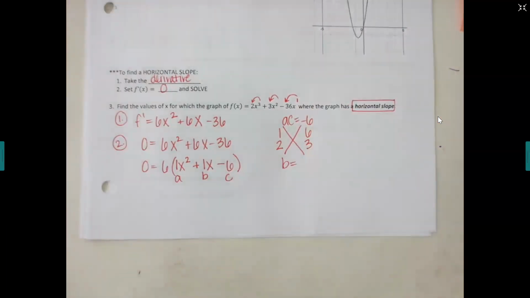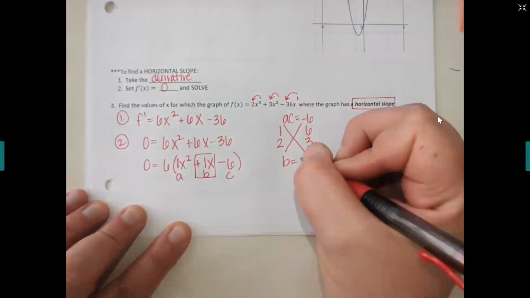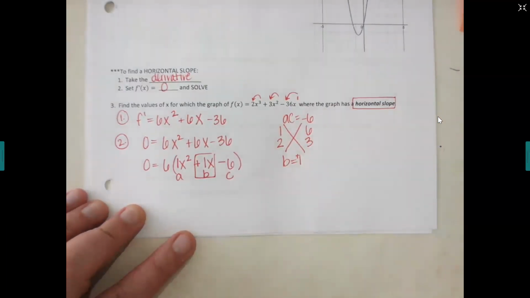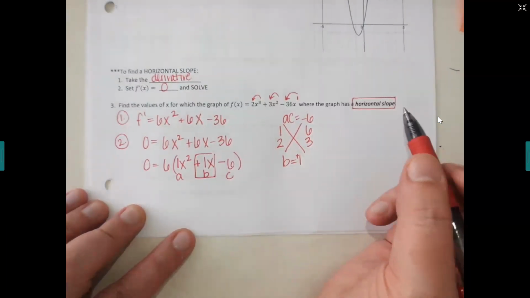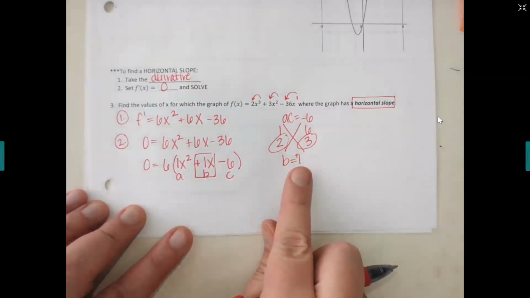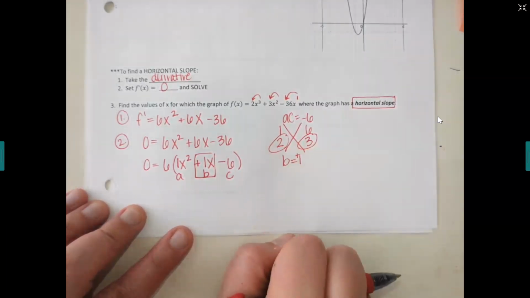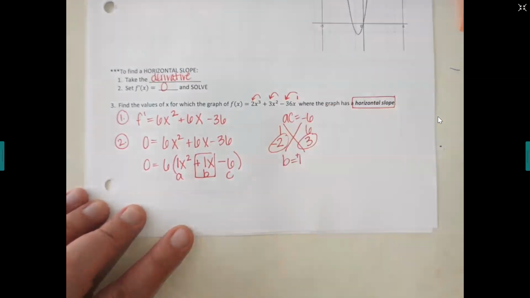Very good. From there, I want my numbers to minus to give me a B of 1. So which of those will minus to 1? 2 and 3. And if I want my 1 to come out positive, where should I put the 1? On the little number or the bigger number? On the littler number, on the 2. Very good.